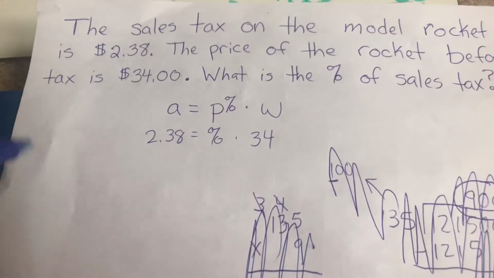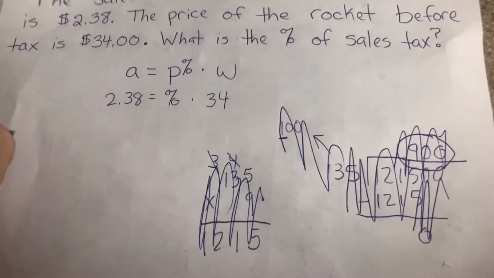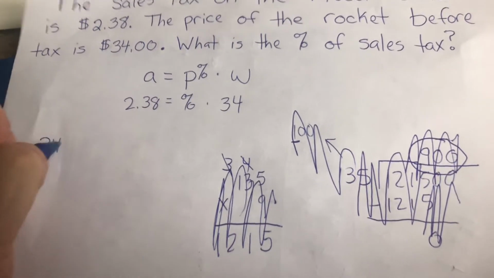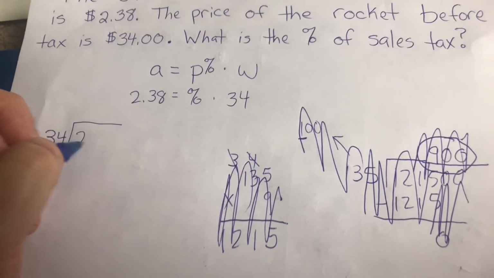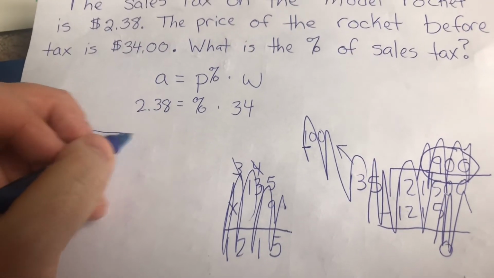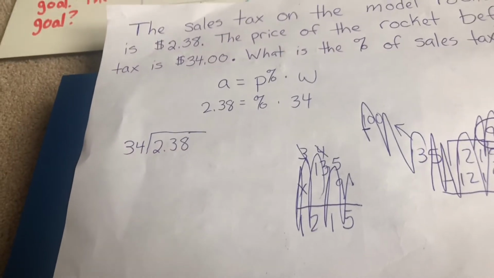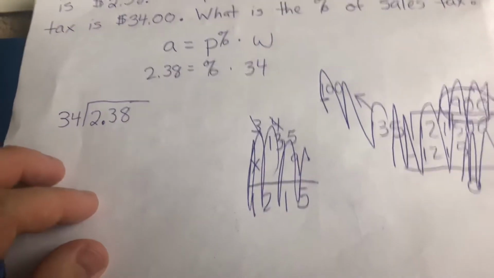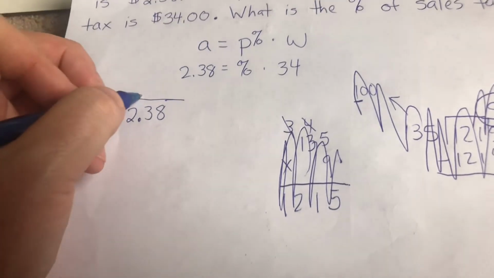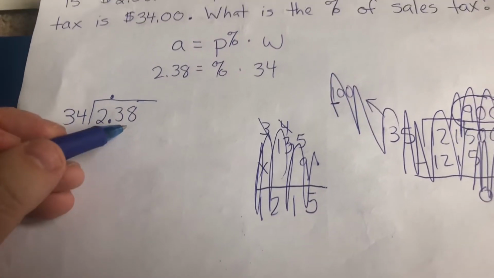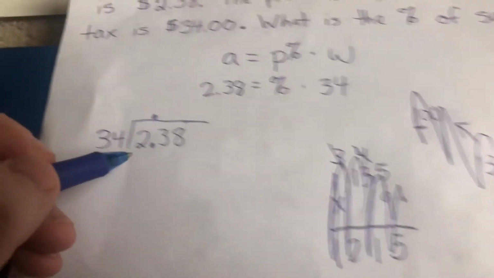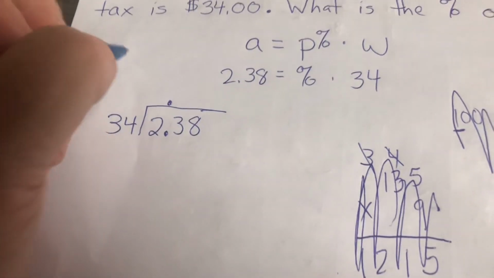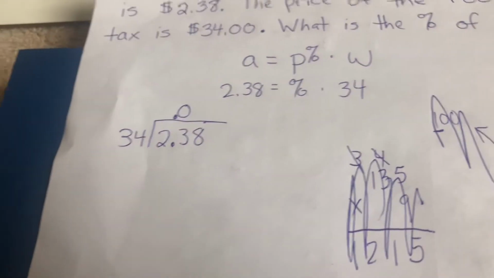That means I'm taking 34 and putting that into $2.38, because I'm trying to find what that is as a decimal. And then that'll give me the percent. So 34 cannot go into 2. 34 cannot go into 23. But since the decimal is here, I have to put a 0 there.